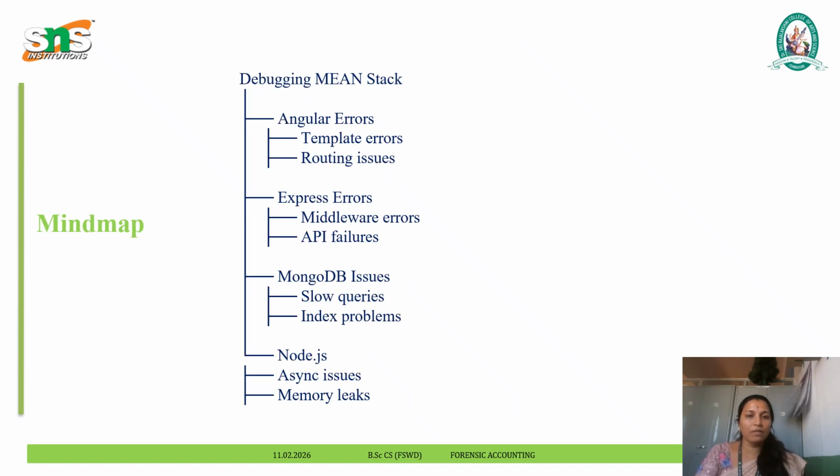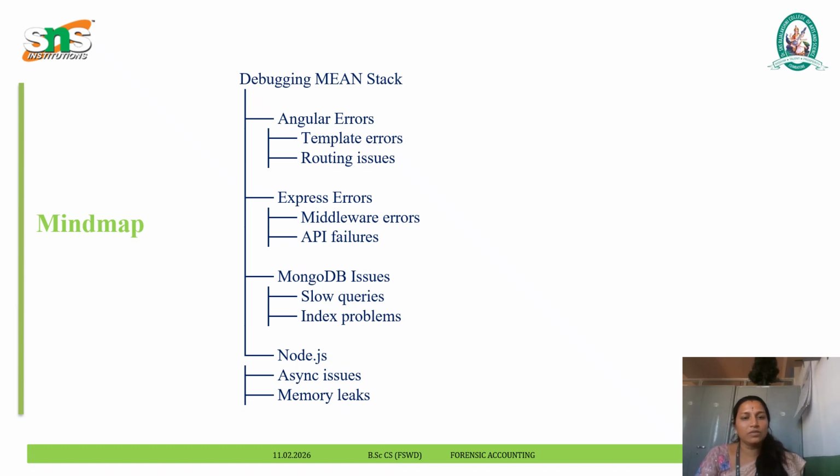This debugging methods comes under the MEAN stack. In Angular, it is template and routing errors. After Angular, we have Express, where we have two errors, middleware errors and API failures. Finally, we have MongoDB issues: slow queries and index problems. Then Node.js with asynchronous issues and memory leakage problems. So these come under debugging the MEAN stack.